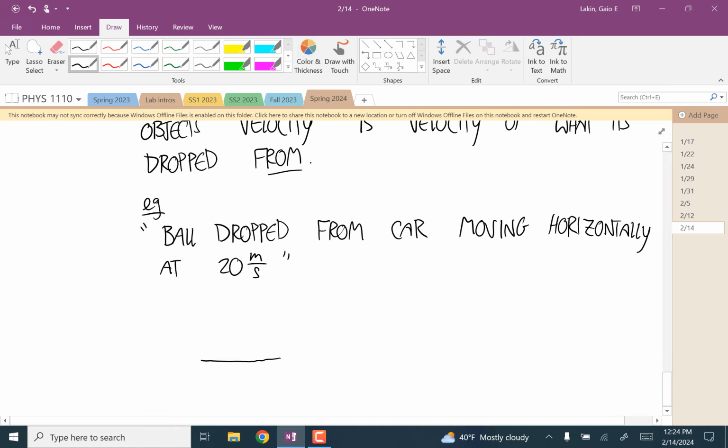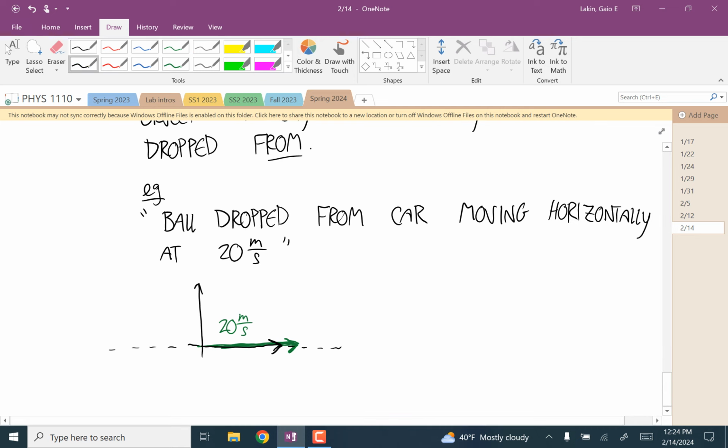So again, I'm going to show a coordinate system like this, where the x-axis is horizontal, and it says the car is moving horizontally at 20 meters per second. So what are the components of that velocity vector of the car? Think of the coordinates of the head of that vector. 20, 0, yep.